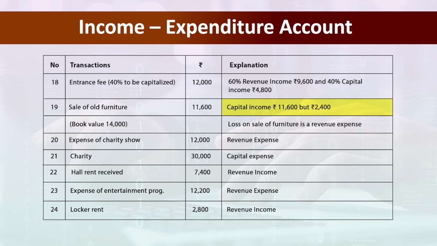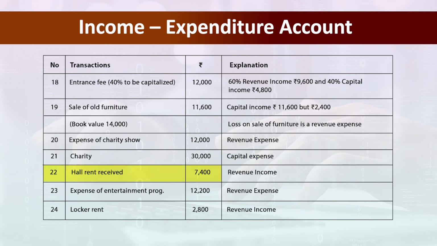The capital income is 11,600, but 2,400 is loss on sale of furniture, which is a revenue expense. Expense of charity show rupees 12,000 is considered as revenue expense. Charity of rupees 30,000 is considered as capital expense.